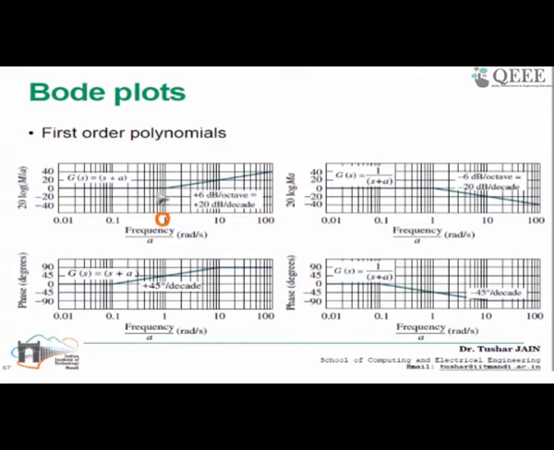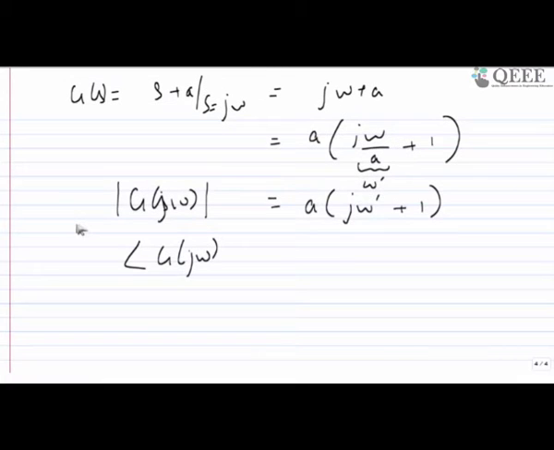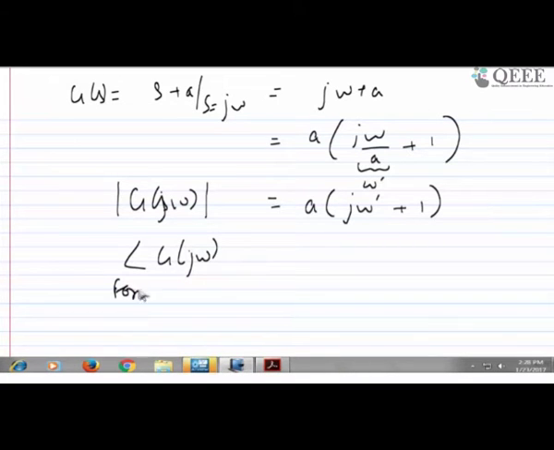Because whenever we have omega which is very small, meaning for omega much less than 1, the function on the right hand side will become 1.